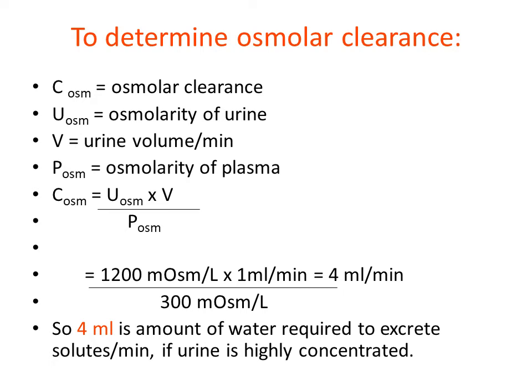When the urine is maximally concentrated, which is 1200 milliosmoles per liter, the urine flow rate is 1 milliliter per minute, and the plasma osmolarity is 300 milliosmoles per liter, then the osmolar clearance will be 4 milliliters per minute. Or you can also say that 4 milliliters of water will be required to completely clear the plasma of all the solutes per minute.